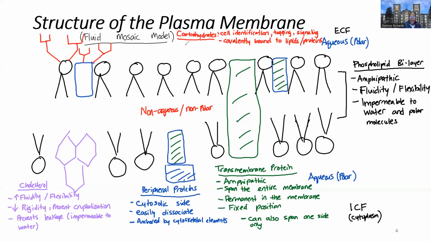So if we have a carbohydrate or sugar that is bound to a protein, right, here's one of our proteins, that's going to be called a glycoprotein. Okay, so a glycoprotein is a sugar covalently bound to a transmembrane protein.